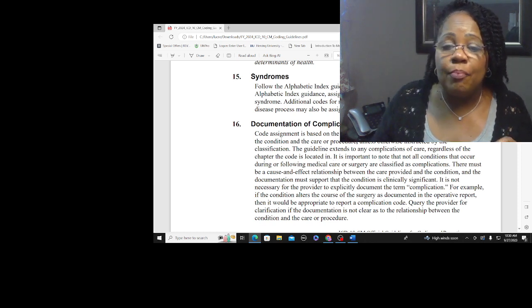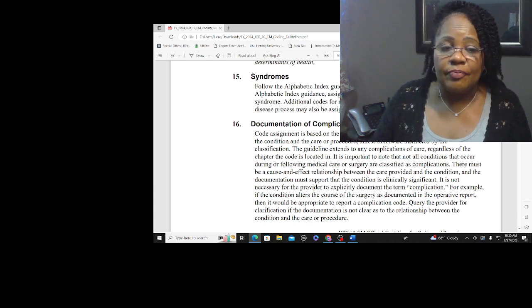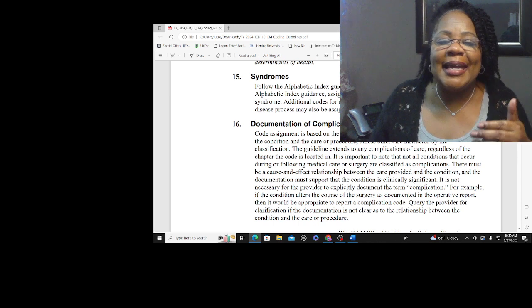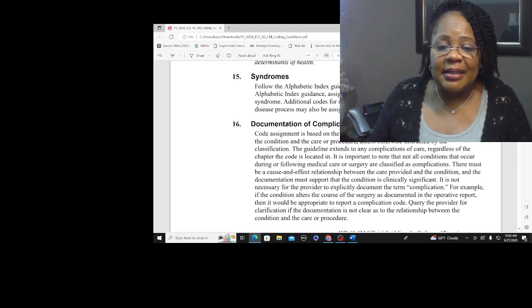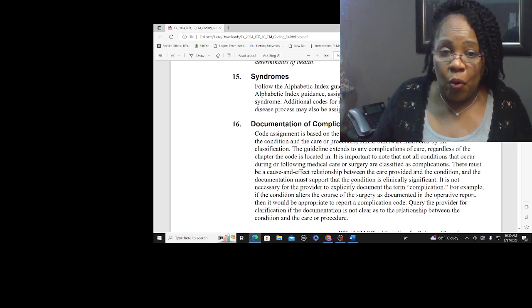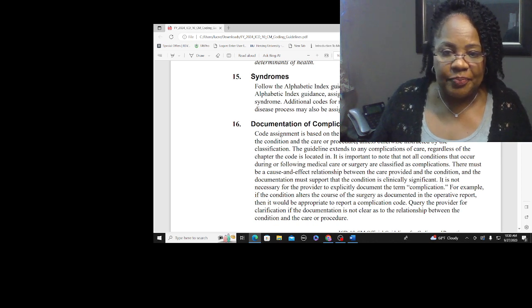So realize it is important to note that not all conditions that occur during or following medical care or surgery are classified as complications. There must be a cause and effect relationship between the care provided and the condition, and the documentation must support that the condition is clinically significant.